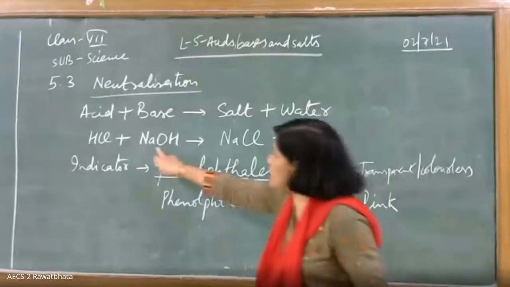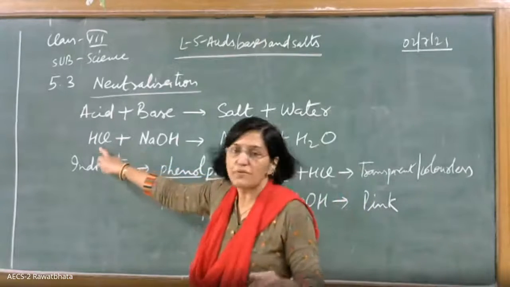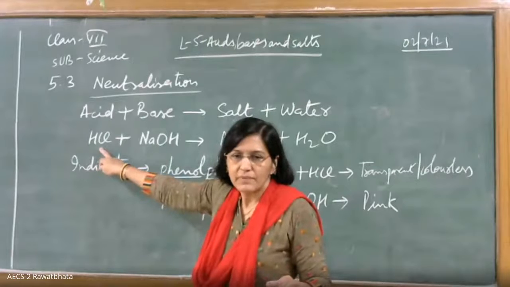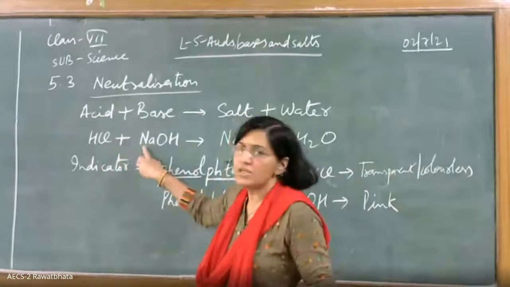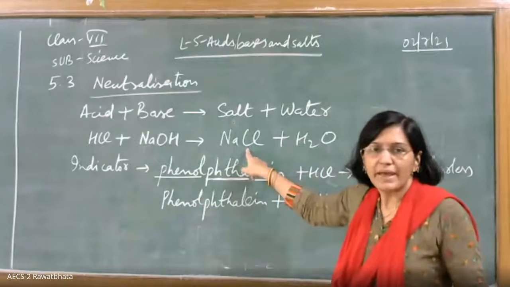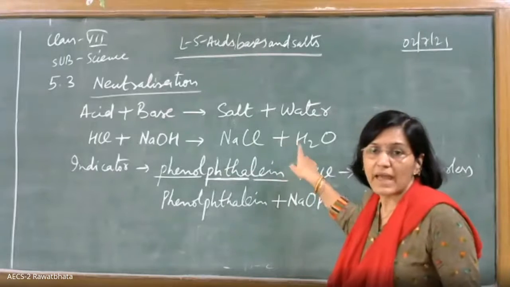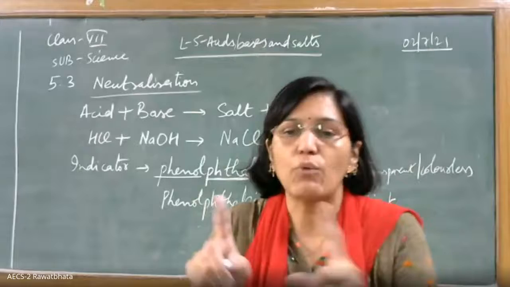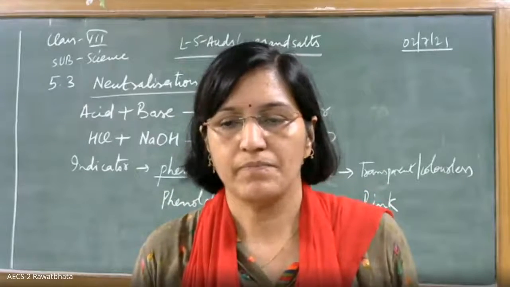But to this base, with pink color, I add a few drops of acid. The moment acid is added to NaOH, what happened? It had formed NaCl and water. That means in the test tube there was no more NaOH.